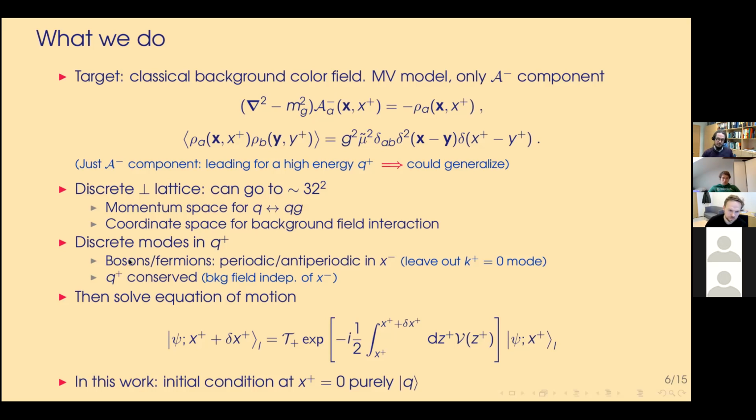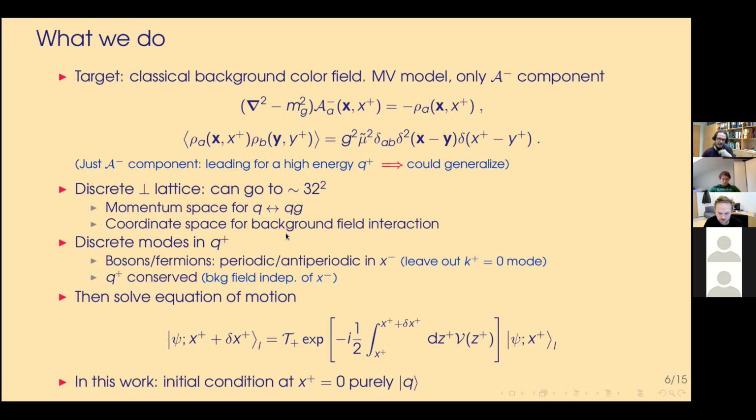Then we really want to do an explicit numerical calculation. So we have a discrete lattice in space-time. On a transverse lattice, we go up to 32 squared points in the transverse space. This transverse lattice can be a momentum space lattice, with discrete momentum modes, which we need for the quark and gluon emission and absorption, because that naturally happens in momentum space.